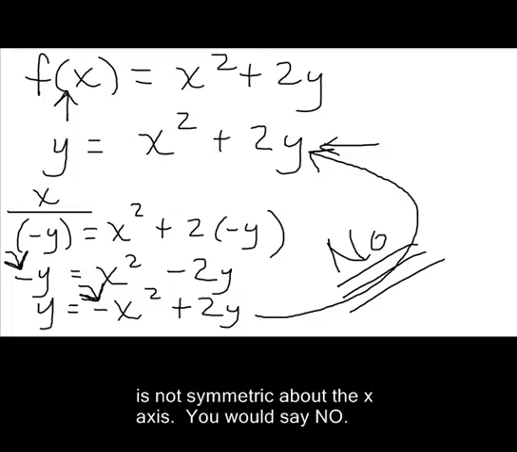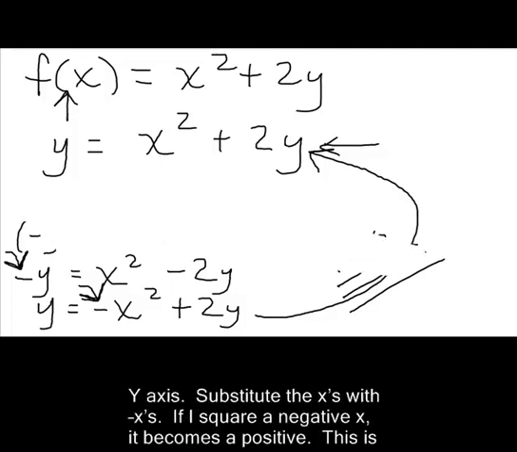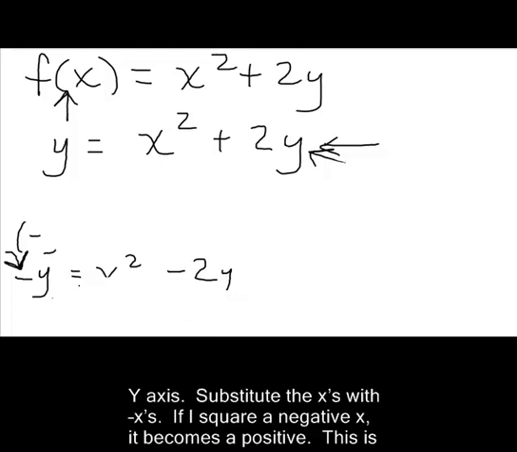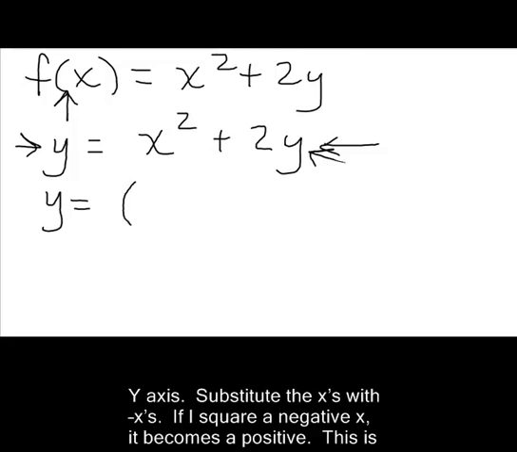Now let's look at symmetry about the y-axis. So let's erase this one, and we'll start over. If you're trying to find symmetry about the y-axis, you substitute your x's with negative x's. So here's my original problem still. I'm going to take all the x's and make them negative.